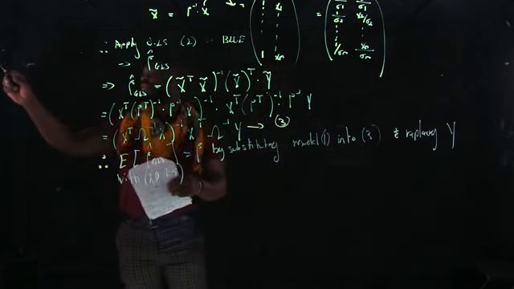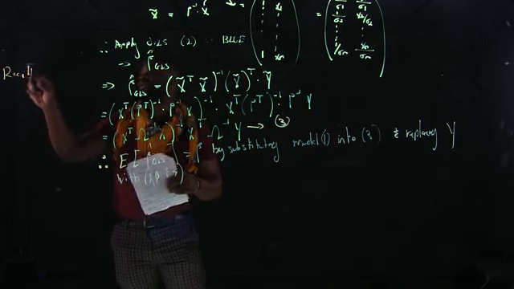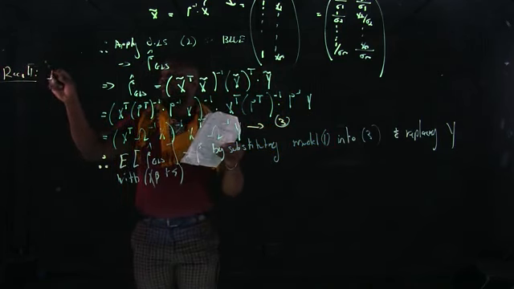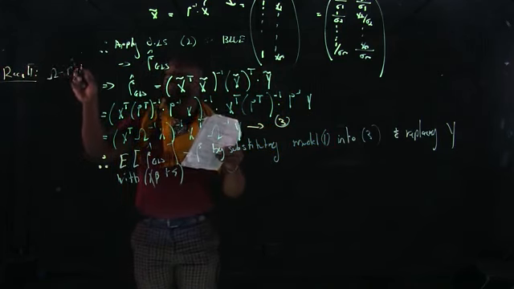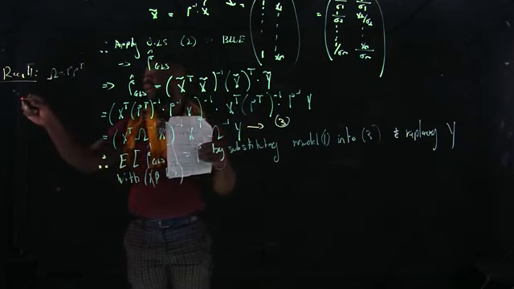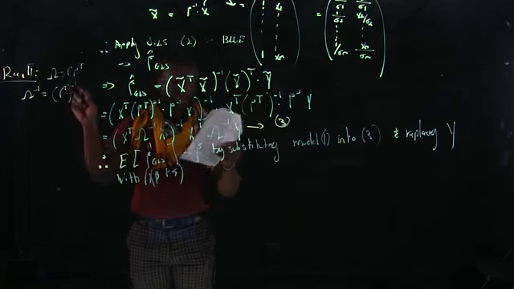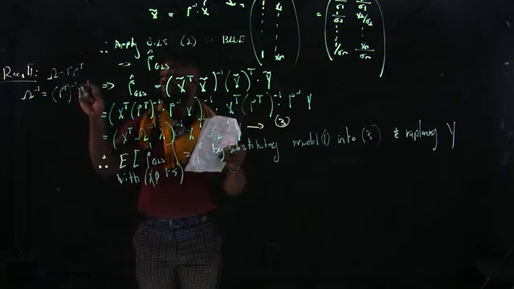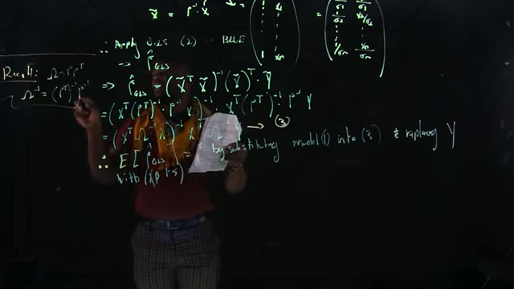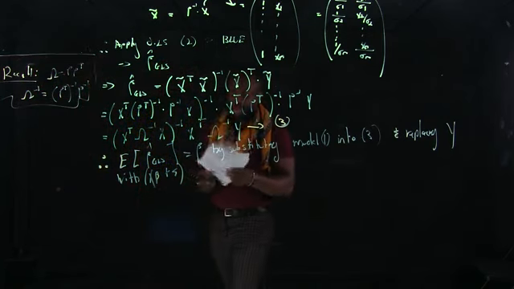A side note: recall that omega is P P transpose, and omega inverse is equal to P transpose inverse P inverse. This is just a little side note here.